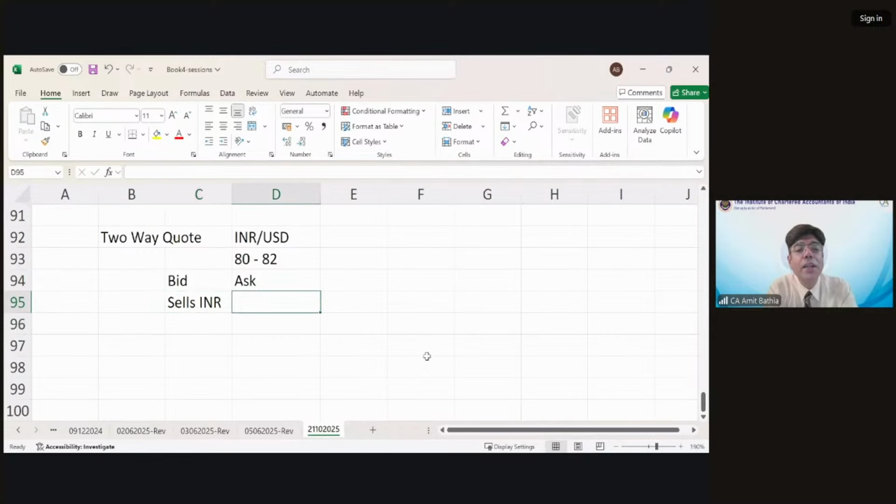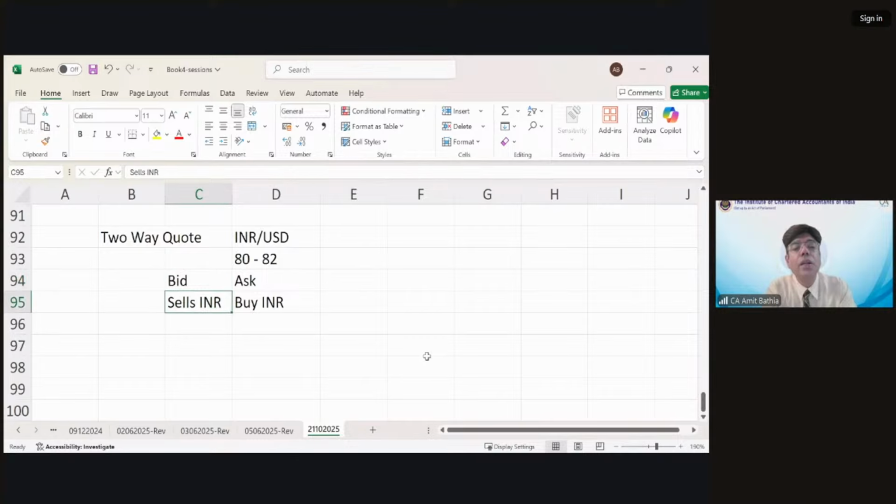On the other hand, ask means this is the price at which dollars will be sold, which means you are essentially going to end up buying INR. So bid price and ask price. Bid is the price at which the bank will buy your foreign currency and give you INR.